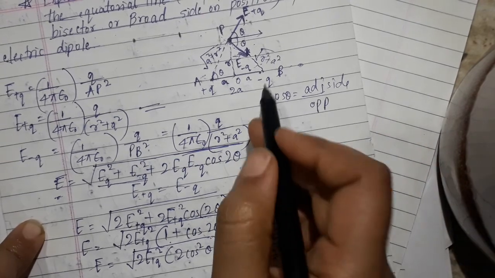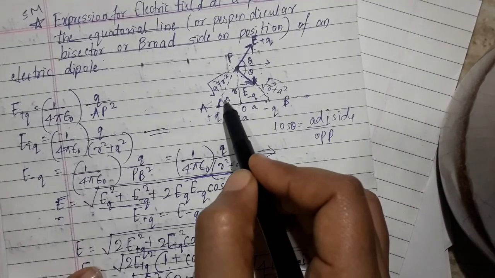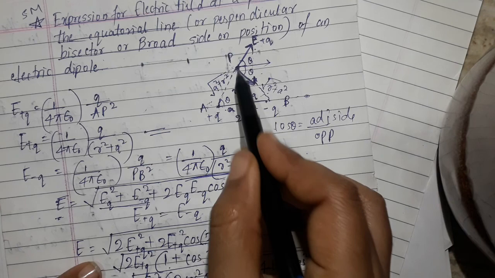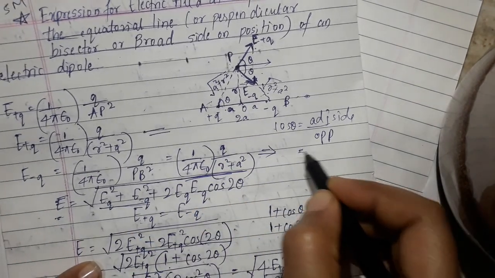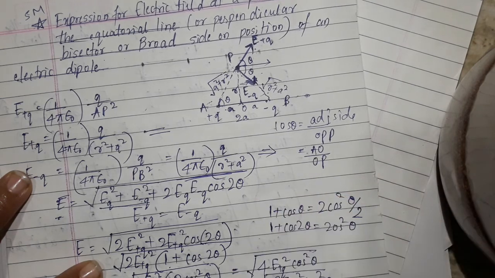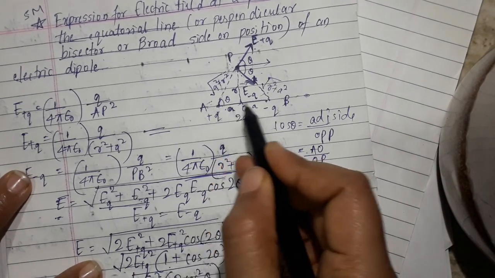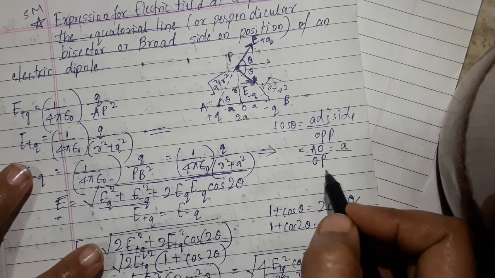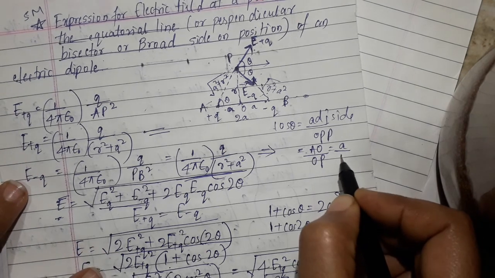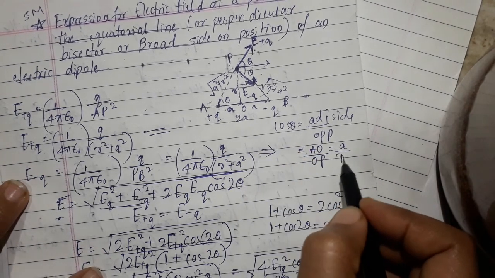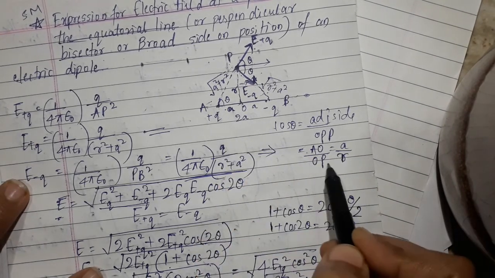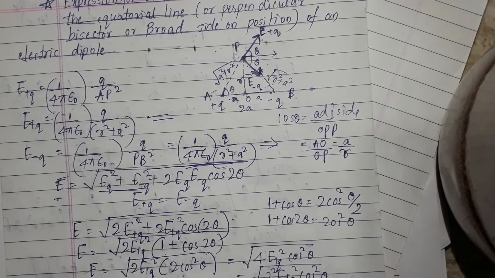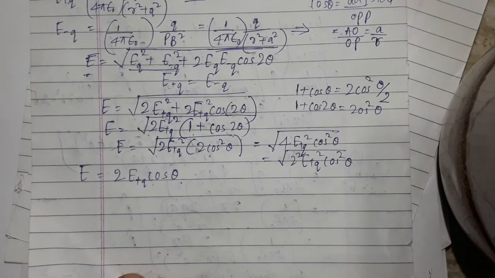Here this is the angle theta, adjacent will be AO, and the opposite side will be OP, AO divided by OP, where AO is the distance, the whole is 2A and the half becomes A, so A upon R. The AO distance is A and OP's distance is R. So we can write cos theta in terms of A by R.